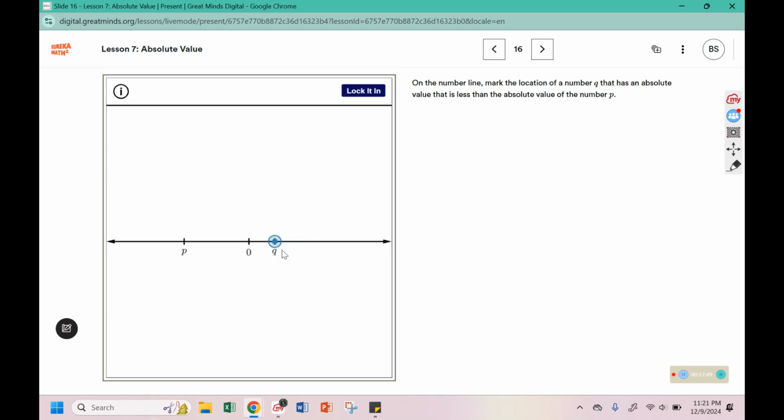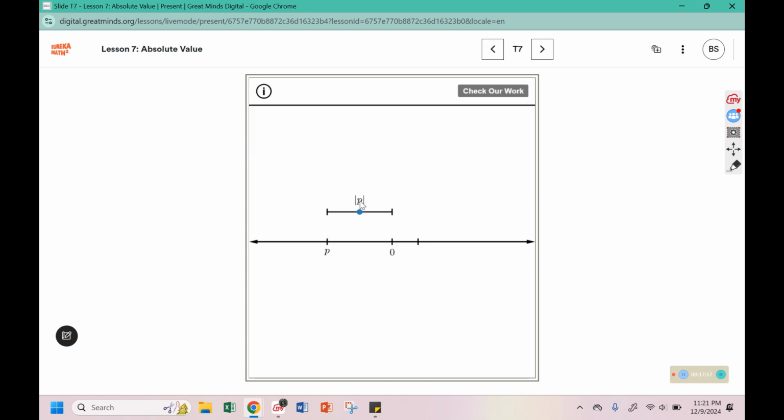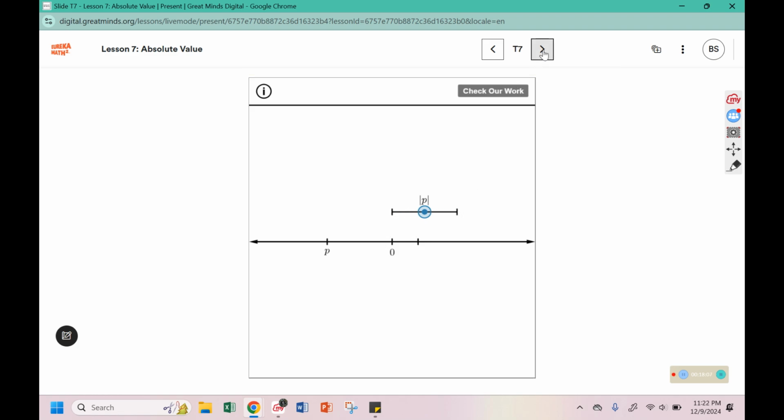So I'm going to put Q closer to 0 than P. Now we can check our work. So this distance from 0 to P is listed here. So we can see that I placed Q closer than that absolute value.